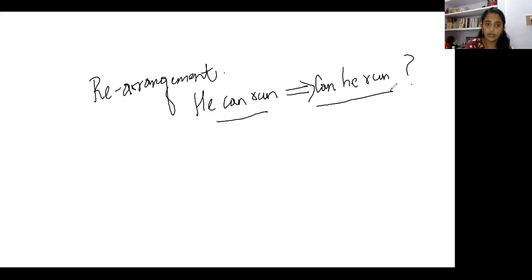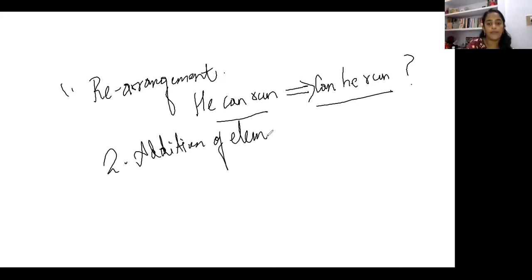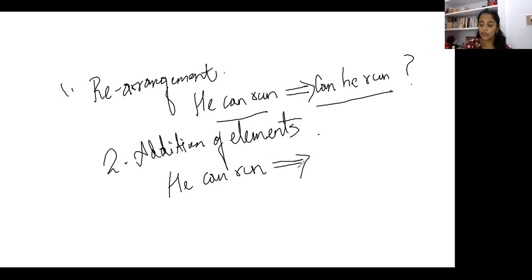The second procedure is called addition of elements. What is addition? You add new elements. So again, let's use the same sentence. He can run, and I'm going to apply a T rule here. What am I going to do?